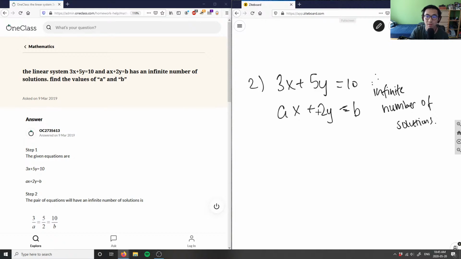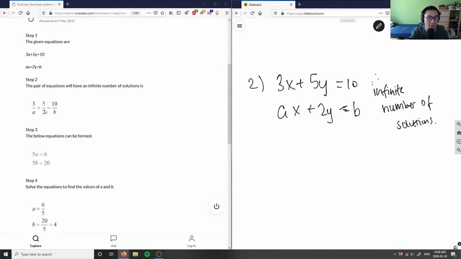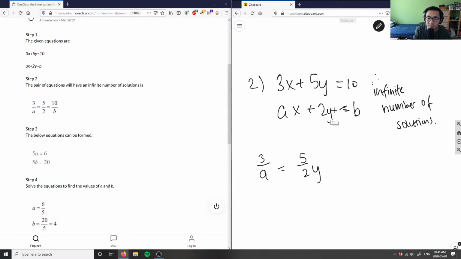So we can divide all of these into an equation here. So that's what they're doing here as well. They're dividing this equation by this equation here. So you can get 3 over a equals 5 over 2, because the x's cancel out, equals 10 over b.